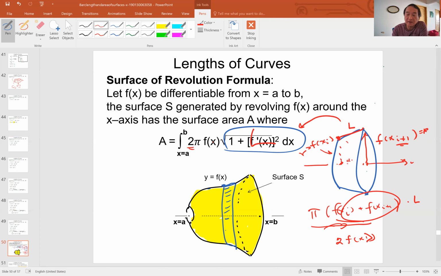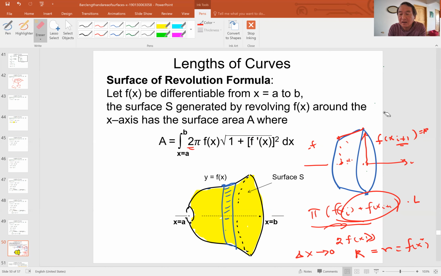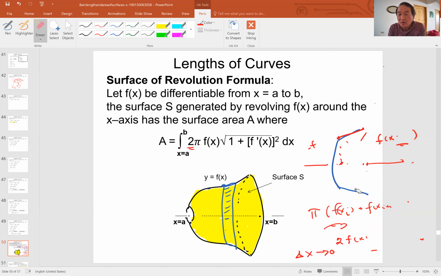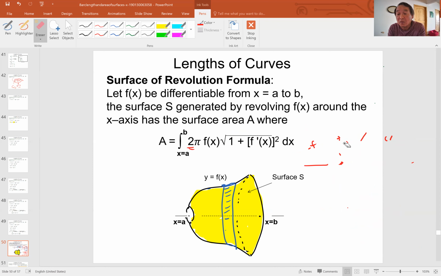And if you're asking where that 2 comes from, it is because as delta x goes to 0, little r and big R are the same, and they are equal to f of x. So this is the reason we have these line segment lengths in the formula for the surface of revolution. It is the length of the side of the frustum.